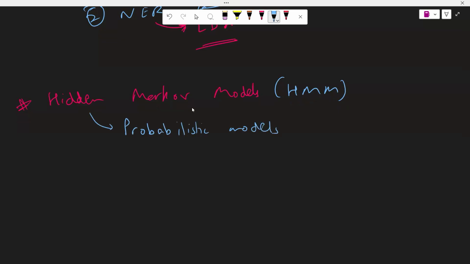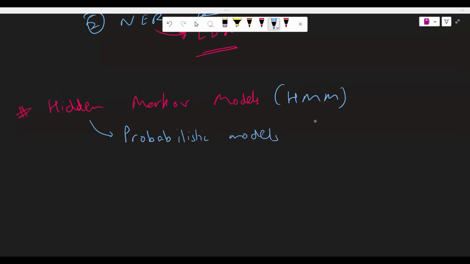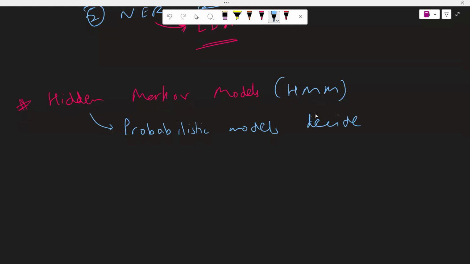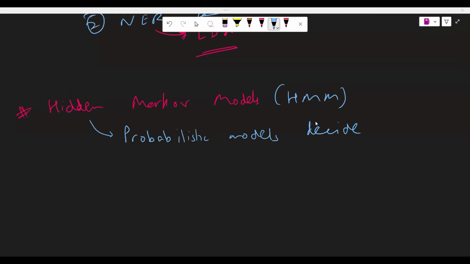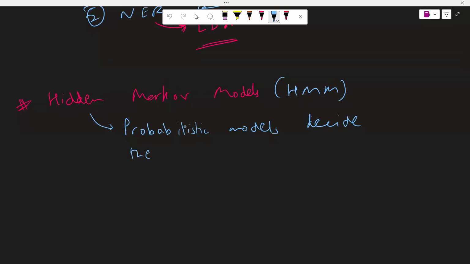That means they will generate some probability, right? And these models decide the next state based on the current state.